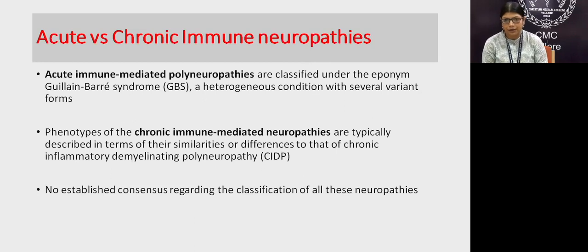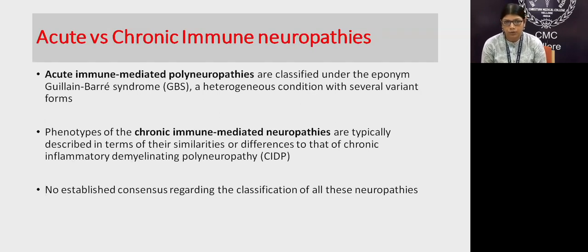So here I want to drive home an important point that AIDP is not equal to GBS. GBS is a syndrome under which there are several types of variants, of which AIDP is a variant, AMAN is a variant. So AIDP is not the same as GBS. So AIDP comes under GBS.